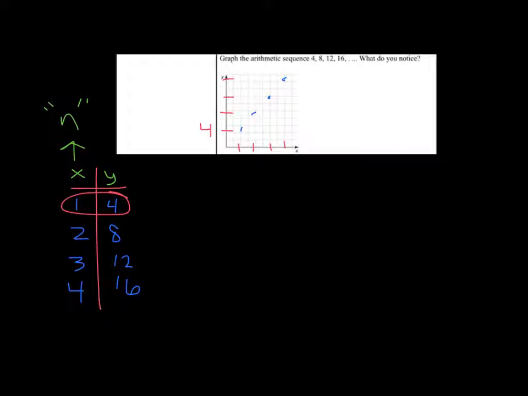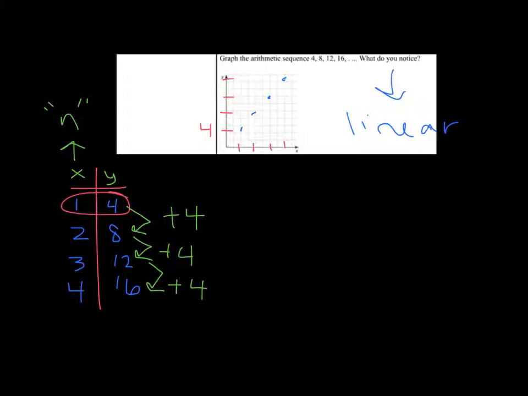Now what you should notice is once again, we have that linear pattern. And once again, you should have been expecting that because you should have noticed that these were increasing by 4 every single time. So there's my common difference.